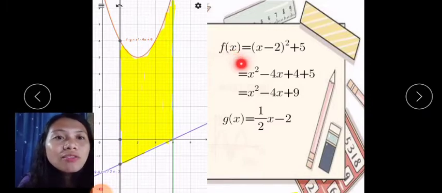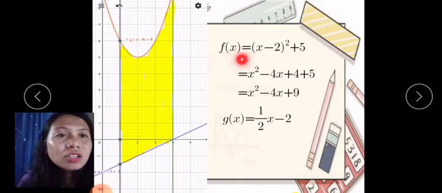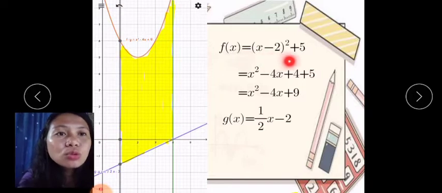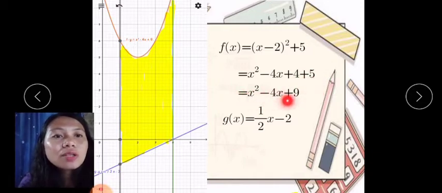So our f(x), the top function, is (x - 2)^2 + 5. So we need to simplify it. We have x^2 - 4x + 4 + 5, which equals x^2 - 4x + 9.